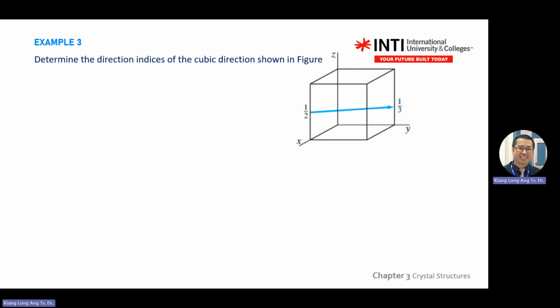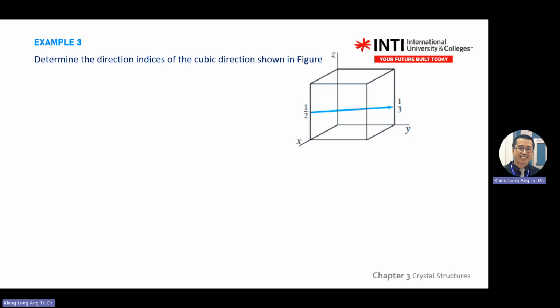X equals? Not 1. It is 2 over 6 minus 3 over 6, ending position minus starting position, right? So I get minus 1 over 6.